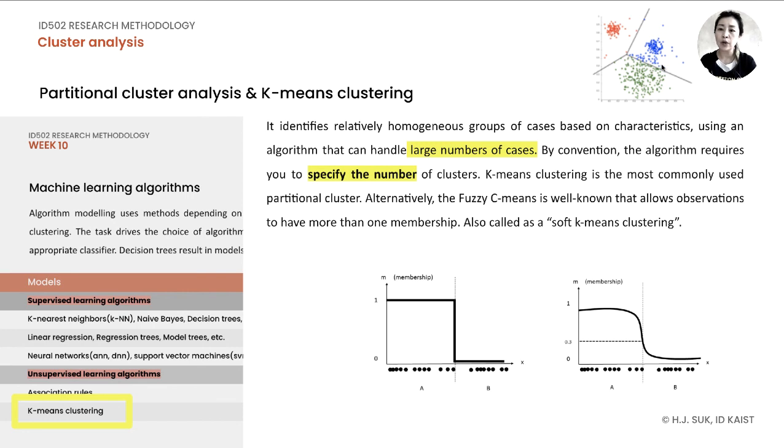If your research question is pursuing that kind of proportional membership, then maybe fuzzy C-means is more appropriate. For example, for image segmentation in the computer vision area, fuzzy C-means is often used. But in sorting out your consumer groups or grouping your products, you don't divide one product into 2, right? Then maybe K-means clustering is more proper for your research purpose.